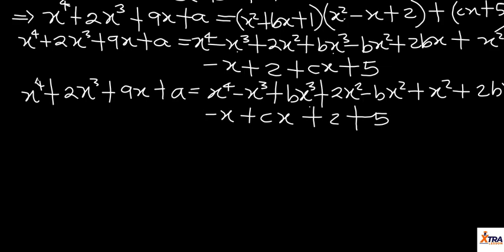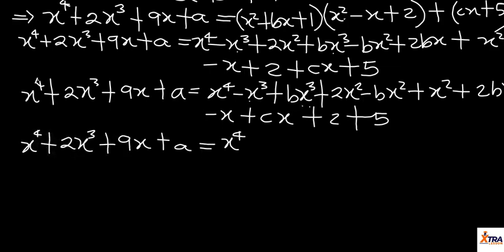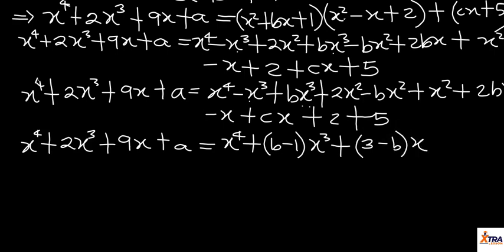So now that we have this, we can simplify. We have x raised to power 4 plus 2x cubed. From here, we know x cubed is common, so I can say plus b minus 1 into x cubed. Plus 2 plus 1 here gives me 3 minus b into x squared, plus b plus c minus 1 into x, plus 7.